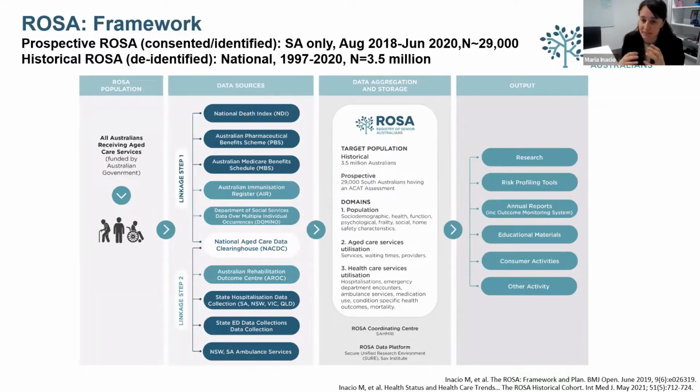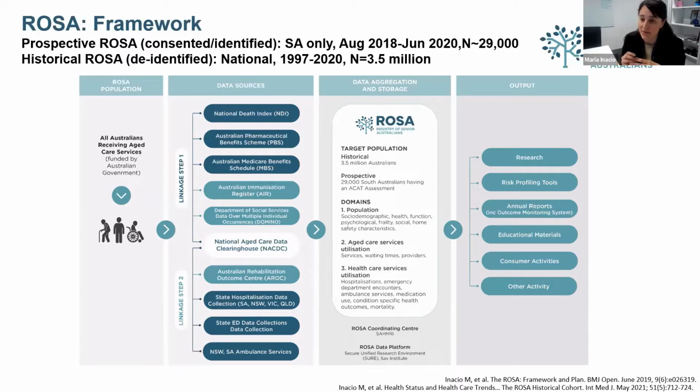When we bring that information into ROSA, we organize it into the domains that we use and derive new information from. We use that information within the department here at ROSA to conduct a lot of research, to develop risk profiling tools that we hope to implement at the point of care, which I'll share with you in a bit, and to develop reports that people can use to understand their practices, which I'll also share with you in a bit.